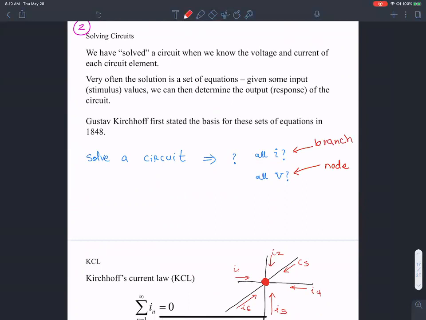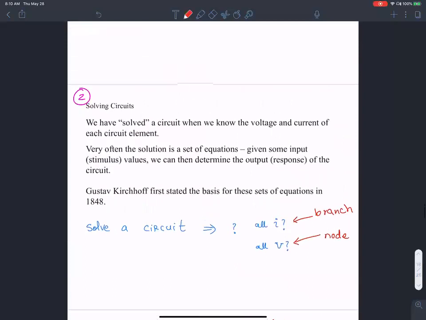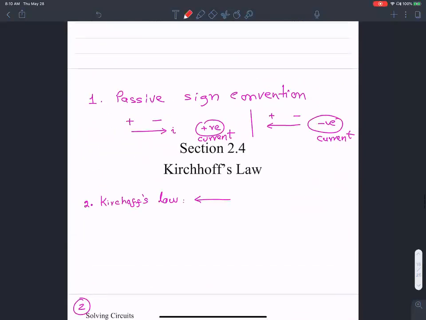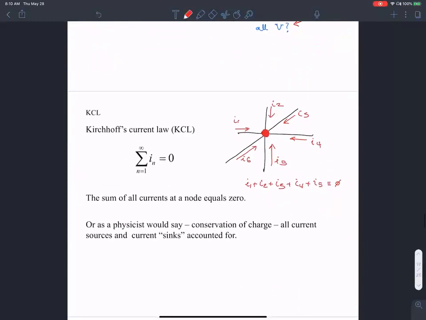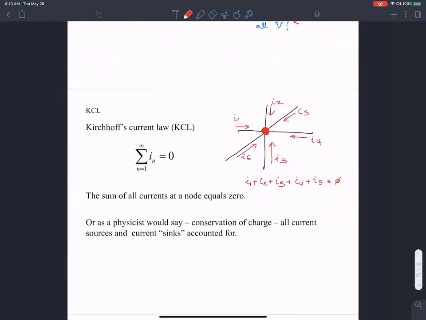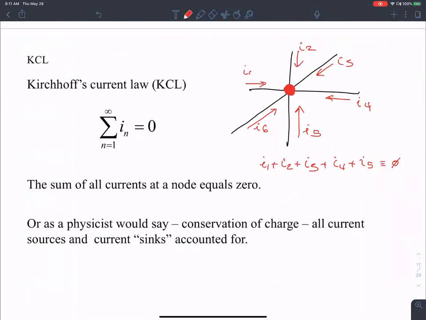The thrust of my effort is to find the values of all V and I. Along that process, I gave you two tools. One is the passive sign convention that we follow, and the other is Kirchhoff's laws. There are two of those, and we are going to see them in action today using problems.